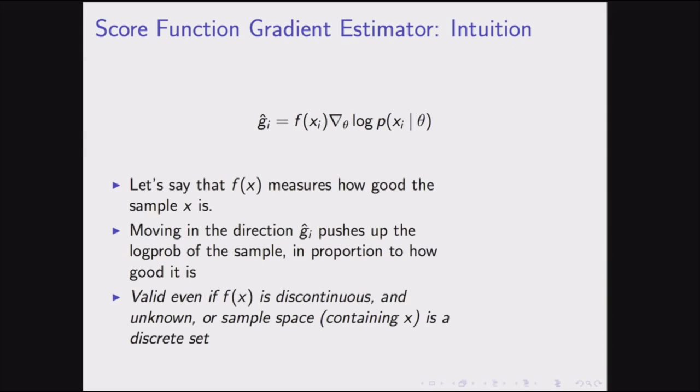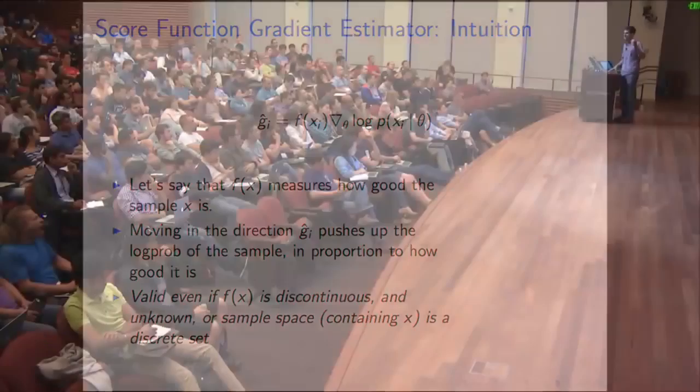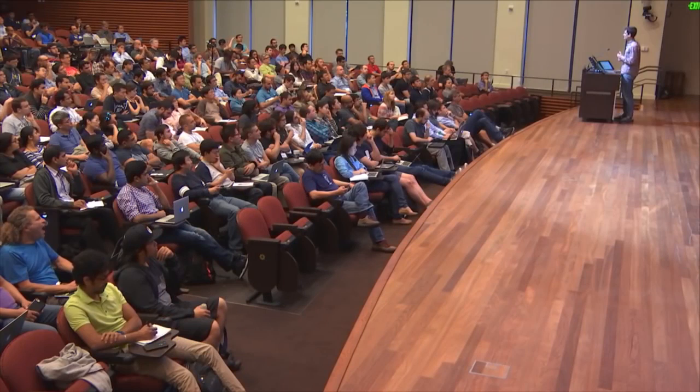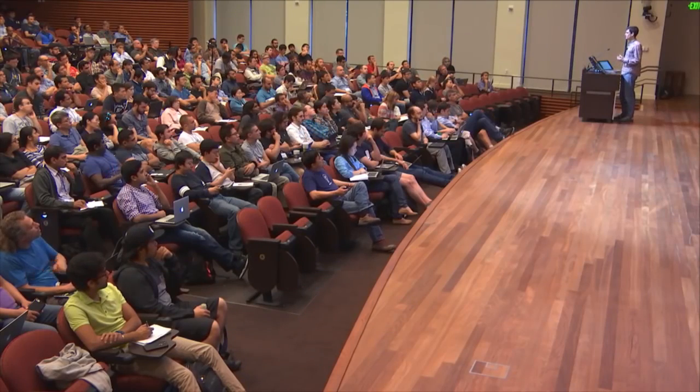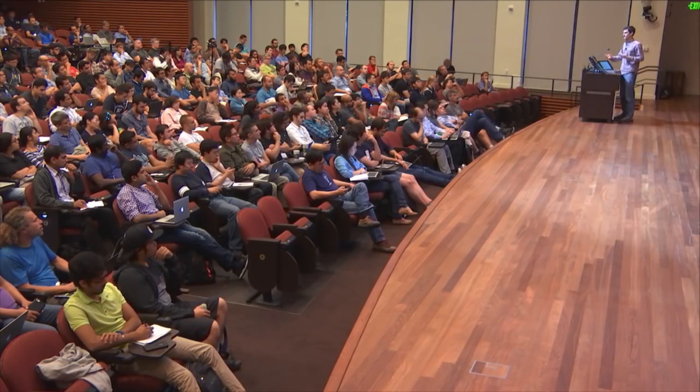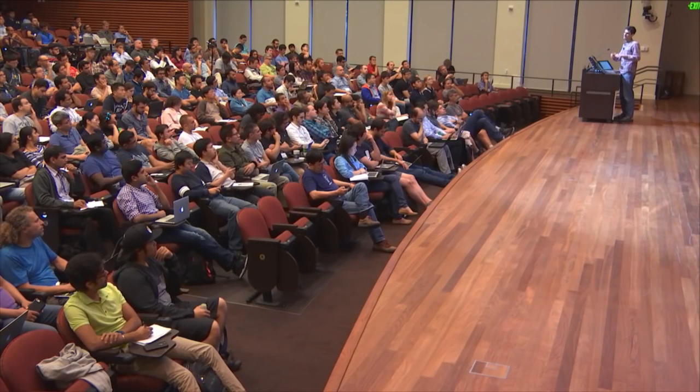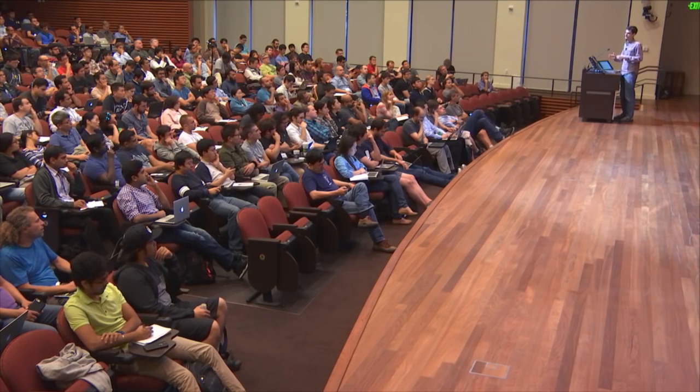And this is quite remarkable, actually, that you don't need to know exactly what the function is that you're optimizing. You just have to be able to query it for the function value.